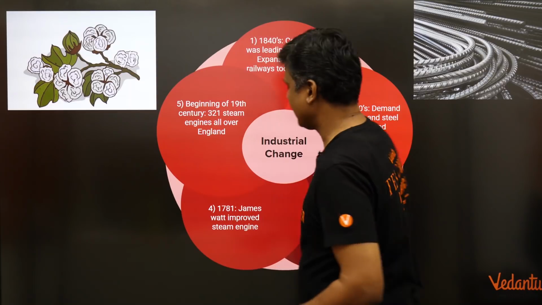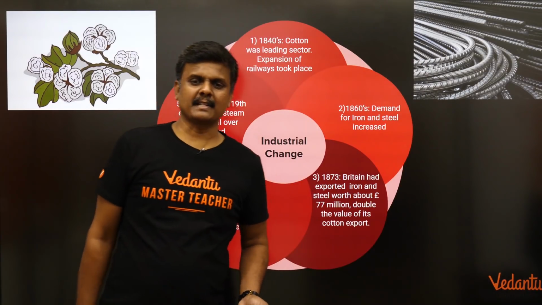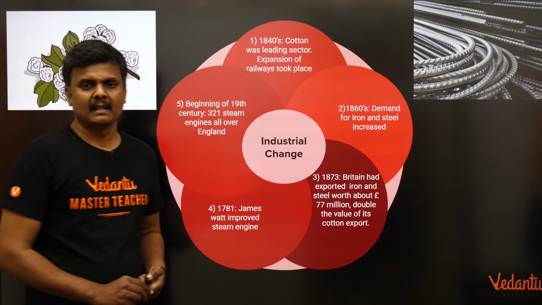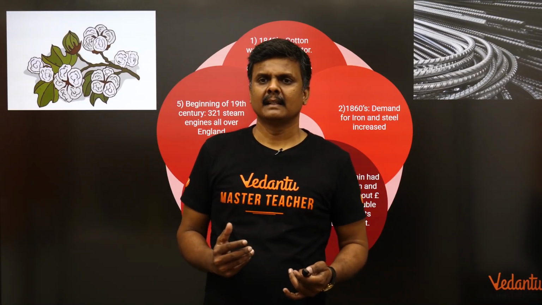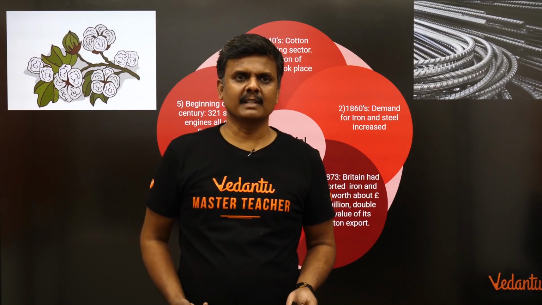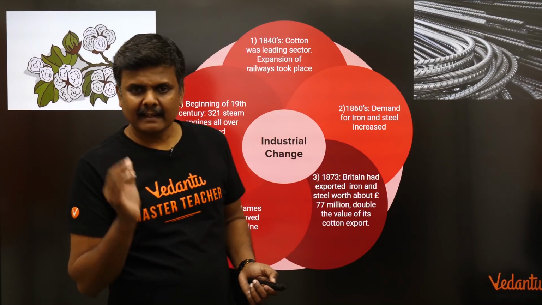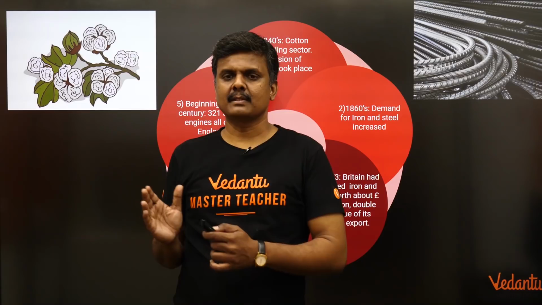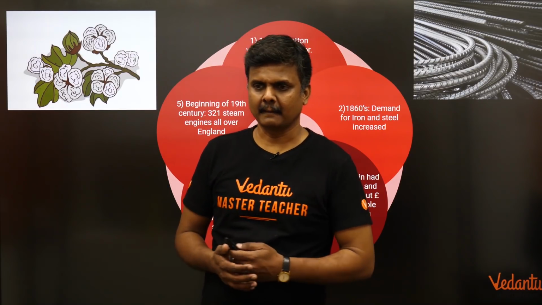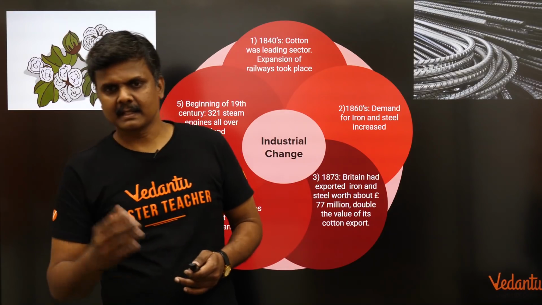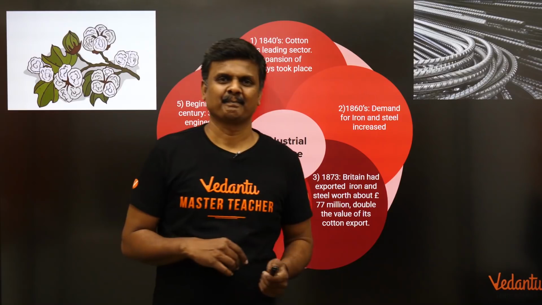Clear? Then the steam engine came into the picture. In 1781, James Watt invented the steam engine, right? I wouldn't say invented; he came out with a much improved version of the steam engine, and there were more than 300 steam engines in the 19th century, almost the beginning of the 20th century. It's mentioned there: 321 steam engines to be exact.